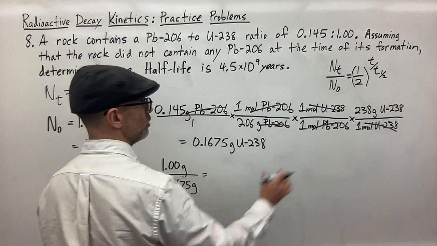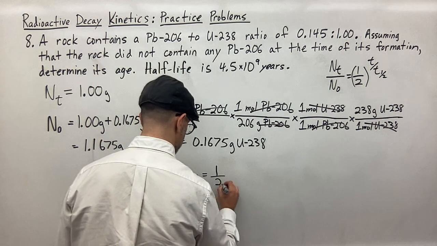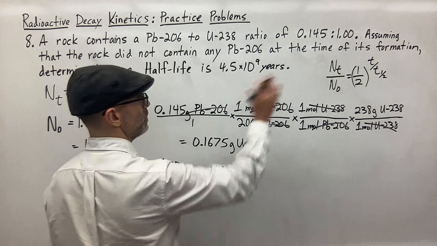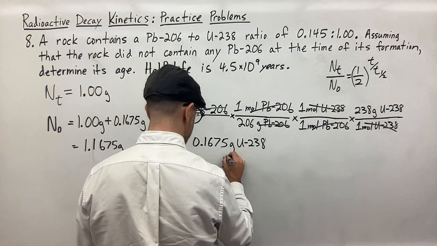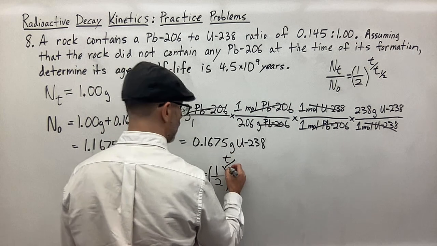That is equal to 1/2 to the power of this fraction, t, the age of the rock, divided by the half-life.